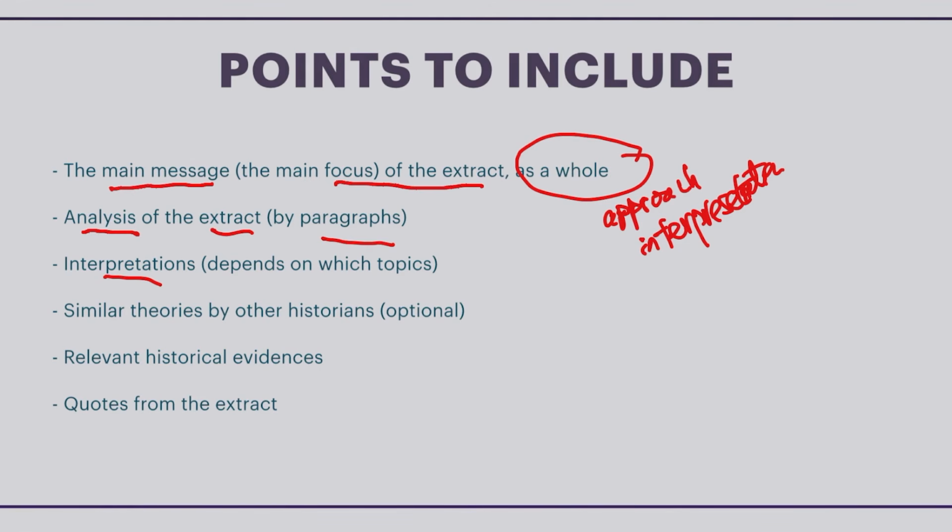If you have some historical theories by other historians which you think are similar, you could include that in your essay, but you are not allowed to challenge the extract. Include relevant historical evidence to support your view, and don't forget to quote from the extract. Whenever you explain something from the extract, make sure you quote from there so the examiner knows that you actually refer to the extract.